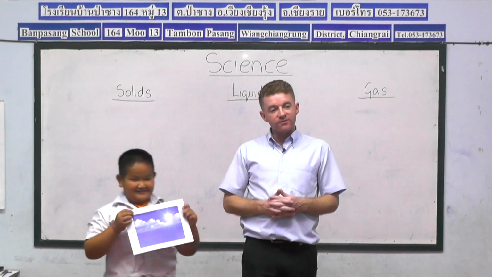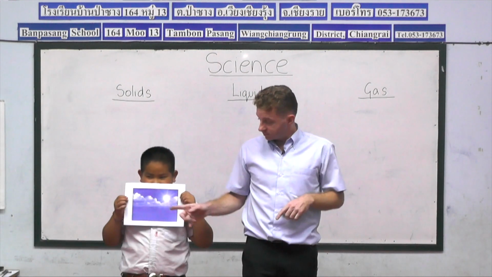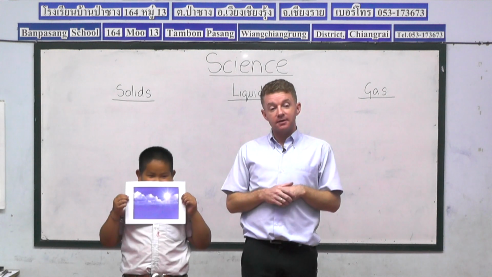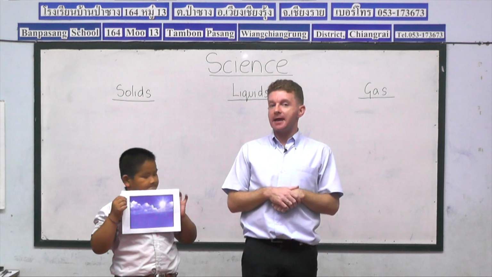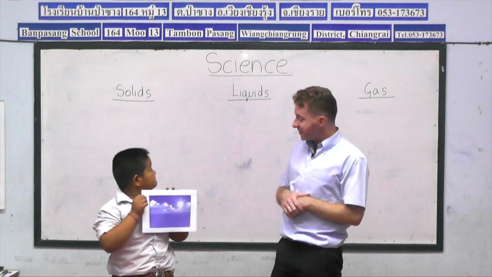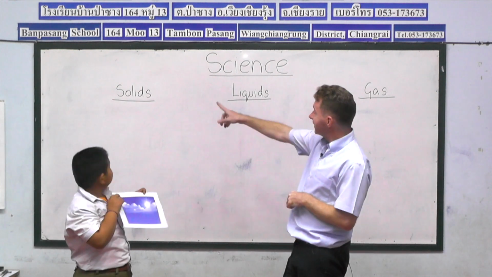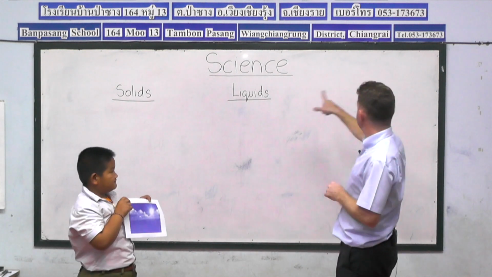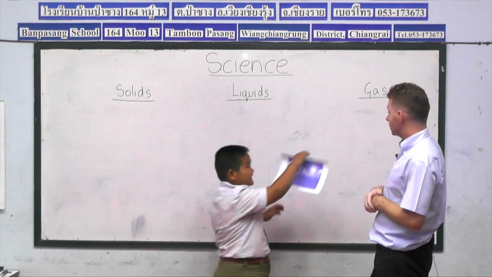Okay, so what can we see on Net's flashcard? Sky, or what type of gas? Air. Yes, we can see the air. Now, Net, what type of matter is air? Is it a solid, a liquid, or a gas? Gas. Okay.